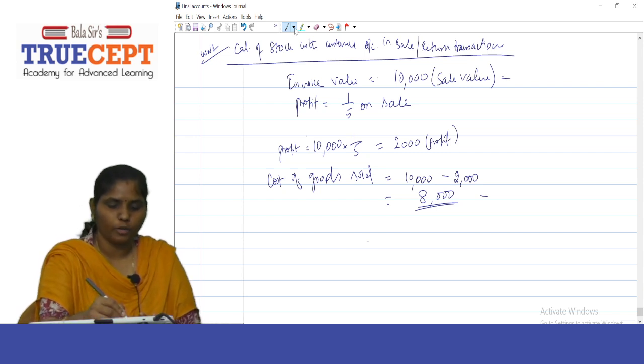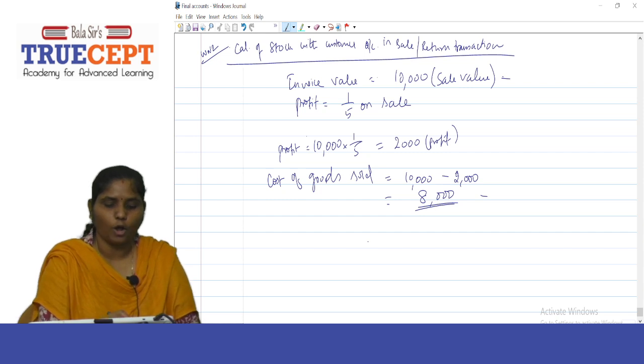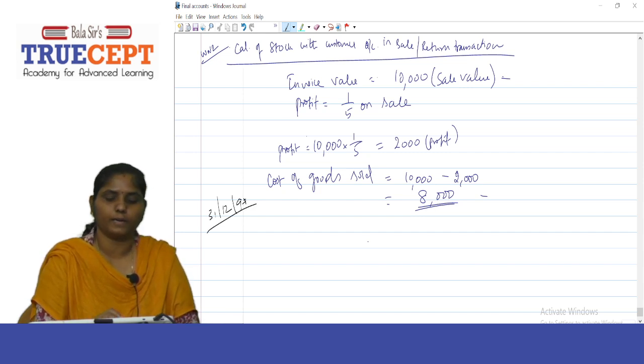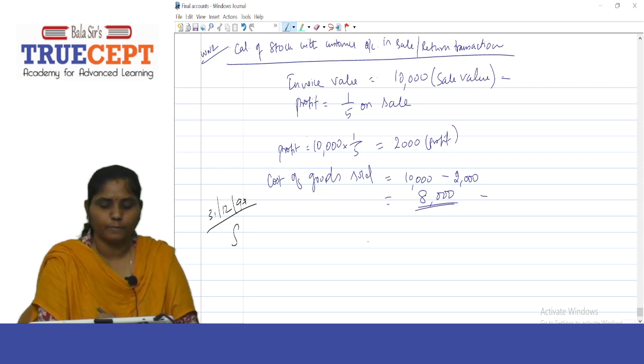But here, I'm going to give you even the journal entry. What is the reversal entry on 31st December 97, right? So, on 31st December 97, how am I supposed to deal with the 10,000 rupees sale? Reverse it. What is the entry? Sales account, debit. Reversal of sales means debit, right?